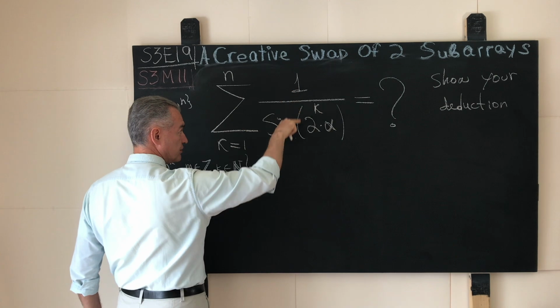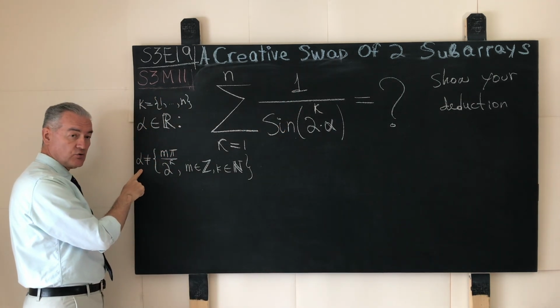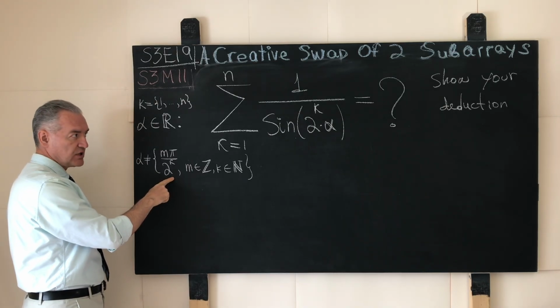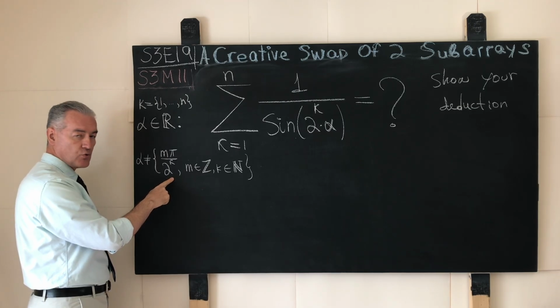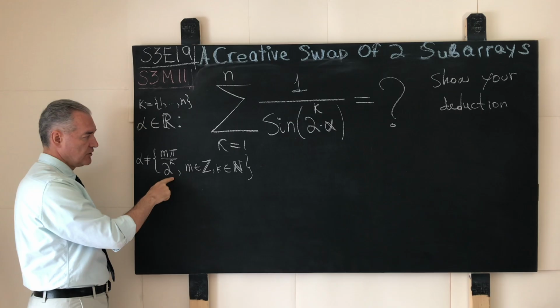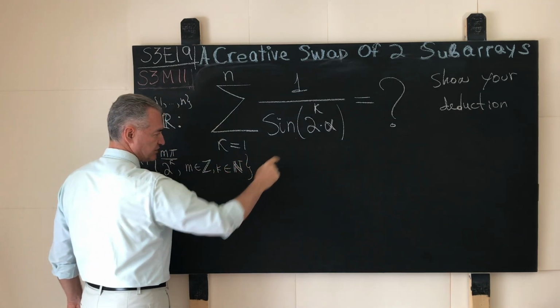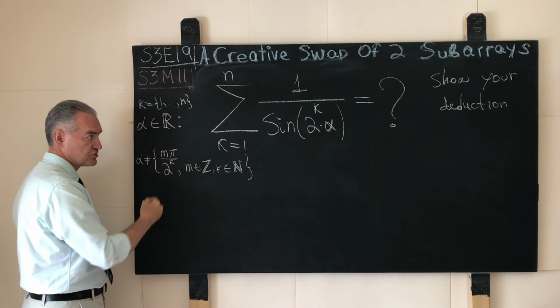In order to avoid the division by 0, that means that we have a natural constraint on the values of the real number alpha shown over here. This constraint comes naturally from the fact that at integral multiples of pi, the trigonometric function of sine turns into 0, and this is precisely what is not allowed in this finite sum, hence this constraint.